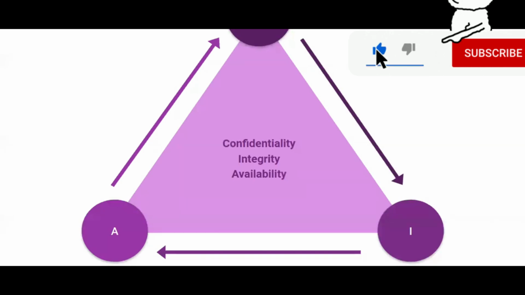Then there is a term called availability. Availability of information is something which is always in some kind of a push and pull with confidentiality and integrity. Because if you make something very confidential, then it will not be usable by others and it will not be available to others.